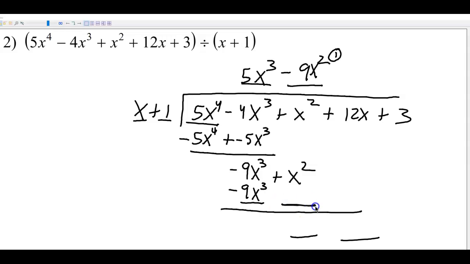Azalea, what number goes here? Right here in this spot. Not sure? Okay. Let's try Crystal. Crystal, what number did you get right here? Good.